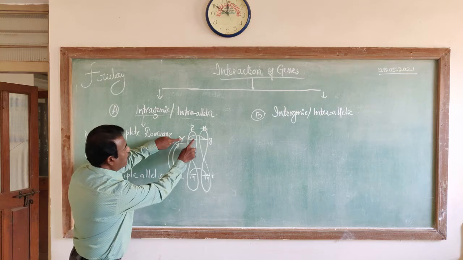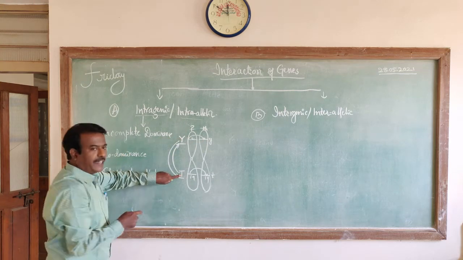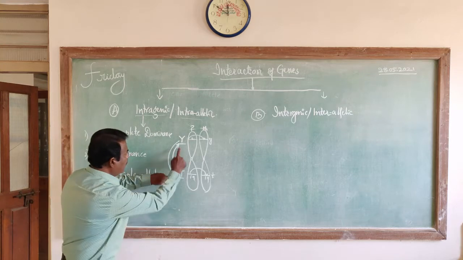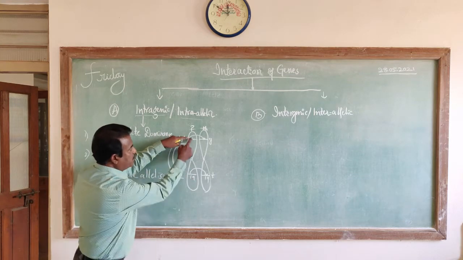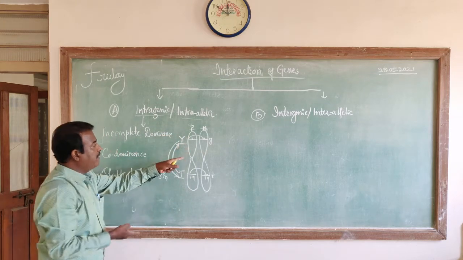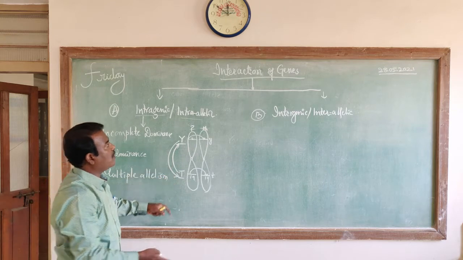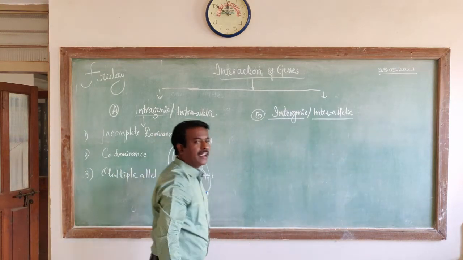Look at it. See, capital Y belonging to the locus 2 and capital T belonging to the locus 19. For example, I am telling you, when these two interact together, the loci are different, position of these two dominant alleles are different, okay. So this is a case of intergenic or interallelic interaction.